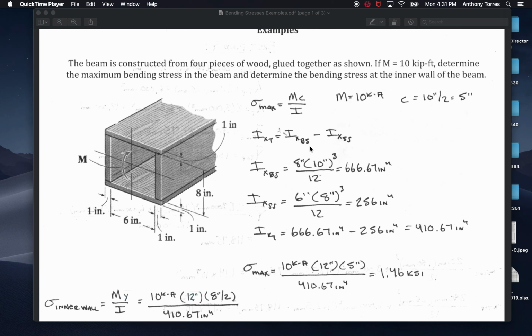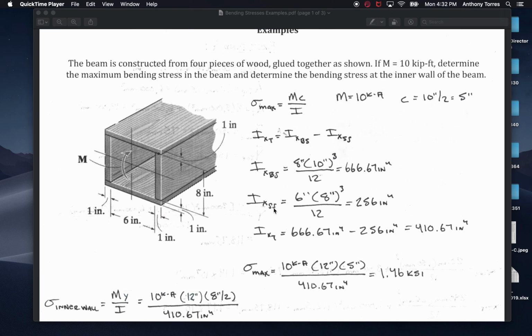Okay, they're both rectangles, even though I'm calling them big square and small square, they're technically rectangles. But we're just going to do Ix of the big square. Its base is 8 inches, which is 6 plus 1 plus 1, times 10 inches, which is the height again, cubed, divided by 12. I get 666.67.